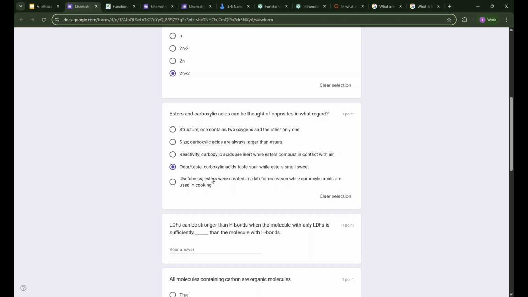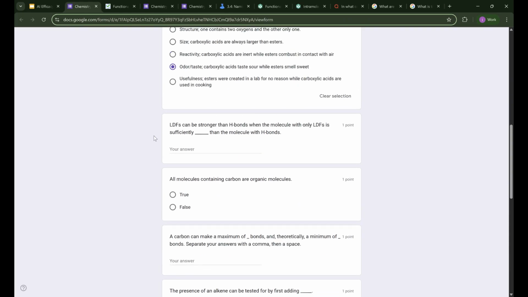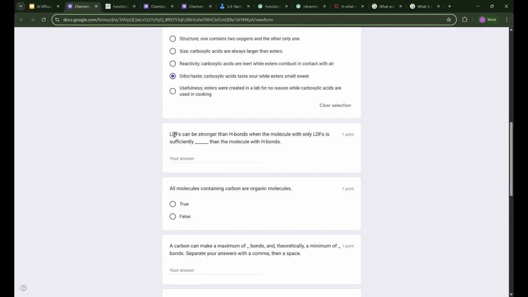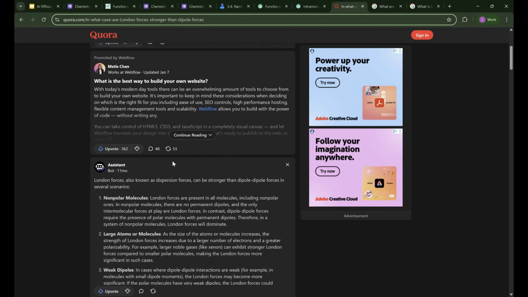I think it might be this one because they would be opposite, sweet versus sour, and yeah, let's go with that. London dispersion forces can be stronger than hydrogen bonding when the molecule of only London dispersion forces is sufficiently cooler than the molecule of hydrogen bonds. I believe that's what this was getting at.